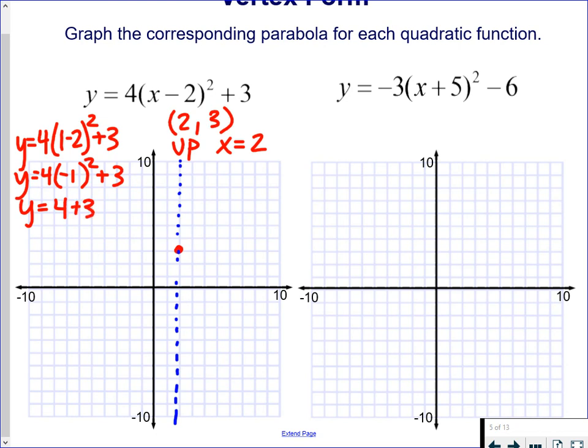So I plugged in a 1 and I got a 7. So I plot that point. Now all I have to do is hop across the axis of symmetry. And it better be going up because that's what I said it's going to do. And now I have my graph.